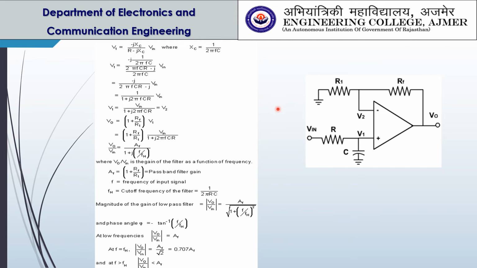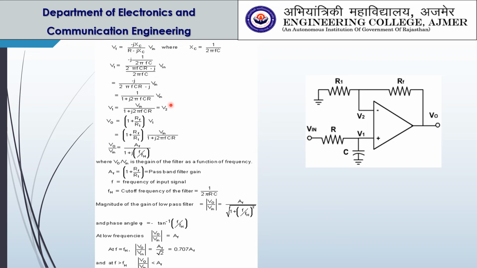According to the voltage divider rule, the voltage at the non-inverting terminal V1 is given by minus jXC upon R minus jXC into Vin, where XC is given by 1 upon 2 pi fC. When we put this XC value in this equation, we finally get V1 equal to Vin upon 1 plus j 2 pi fCR.